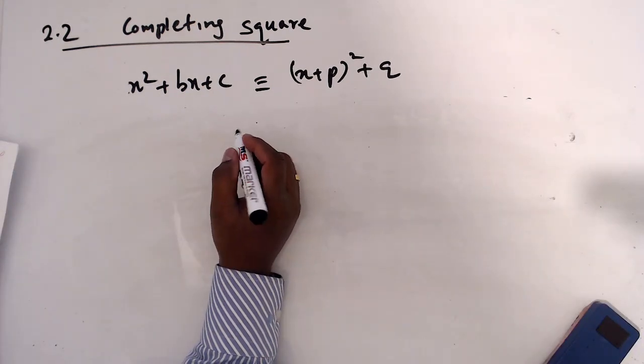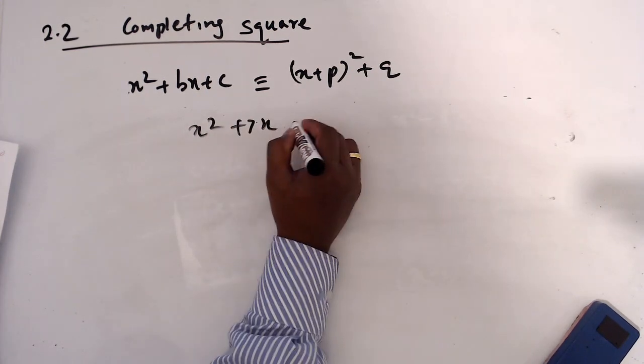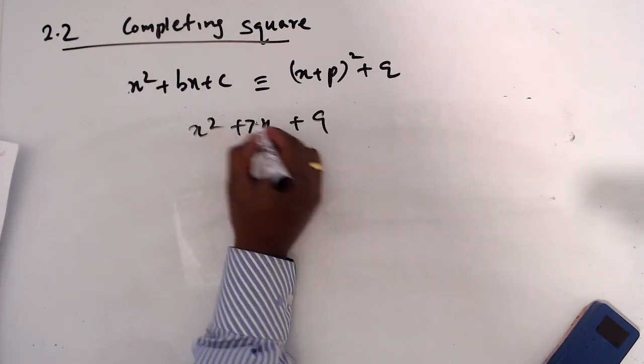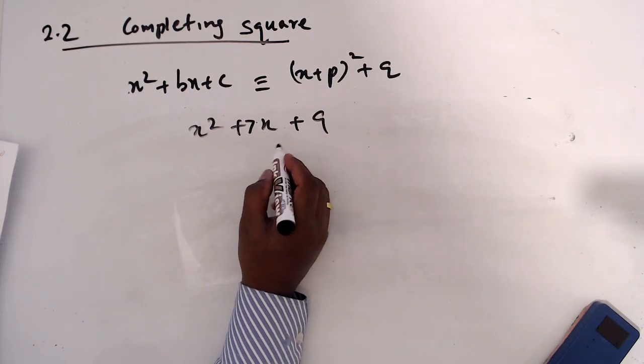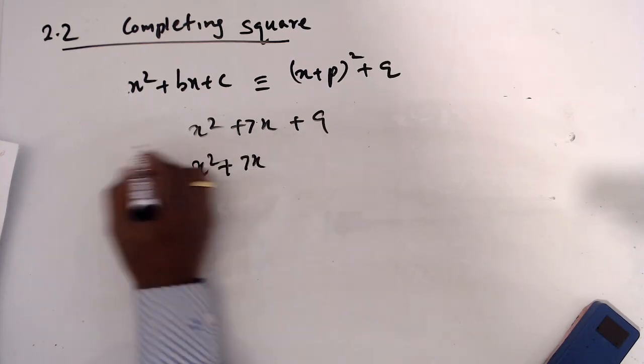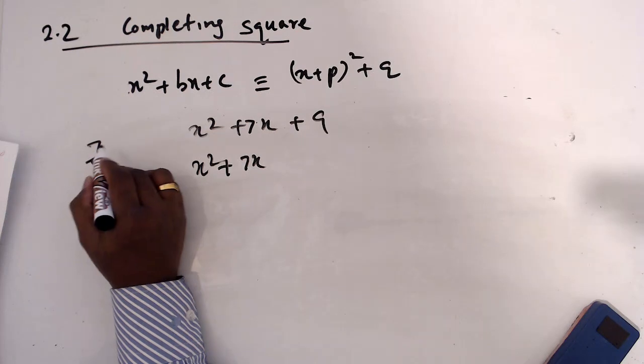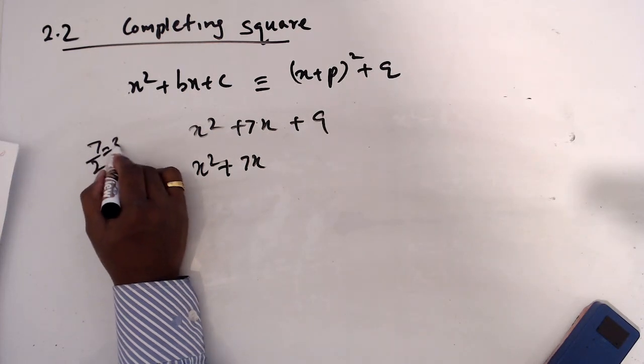Let's discuss another example. x square plus 7x plus 9. Now we want to write x square plus 7x. What is half of 7? I can write 7 over 2 or 3.5.